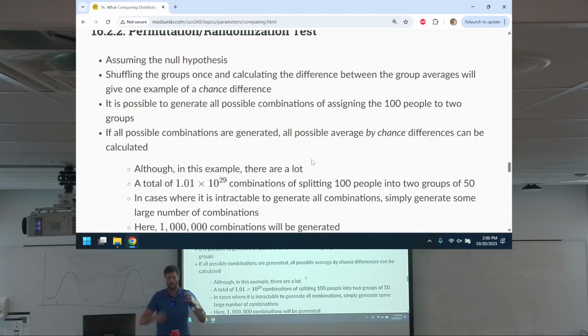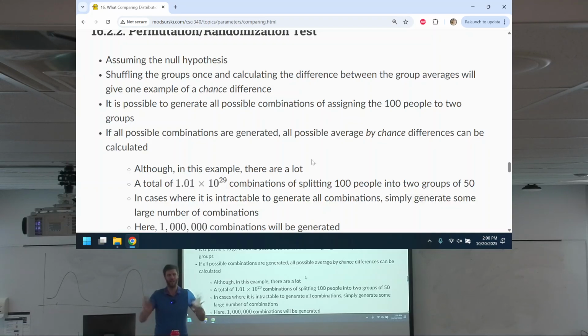Put them in a box, shuffle, shuffle, shuffle, average recovery time. Do it again, new average recovery time. And we can calculate the difference between those average recovery times every time as well. You see what I mean?